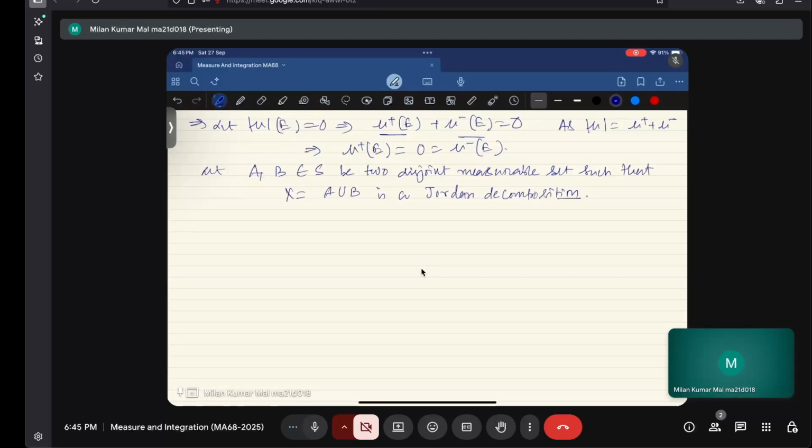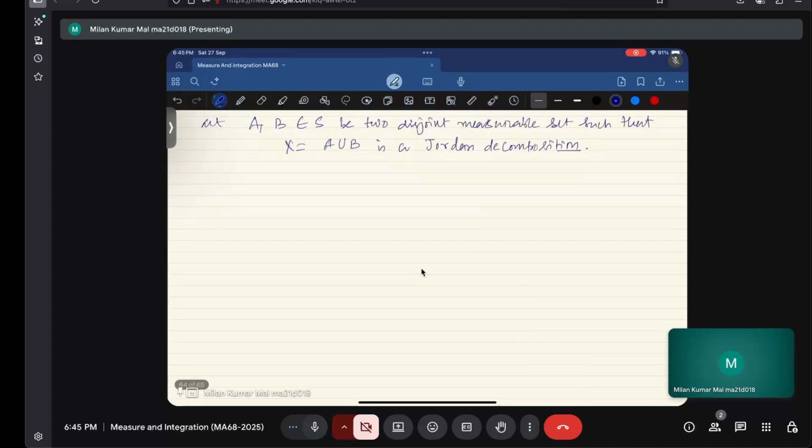Okay, then mu plus of a set A is equal to mu of A intersection E, and mu minus of E is equal to minus mu of E intersection B. This is what it is.